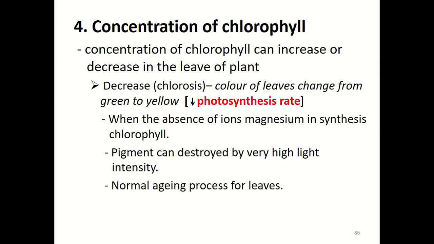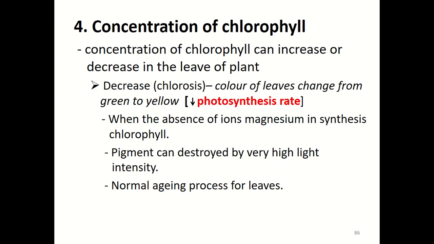The concentration of chlorophyll will decrease when a phenomenon called chlorosis happens. What happens during chlorosis is that the color of the green leaf will change to a yellow color. Thus, it will reduce the photosynthetic rate because of low concentrations of chlorophyll.